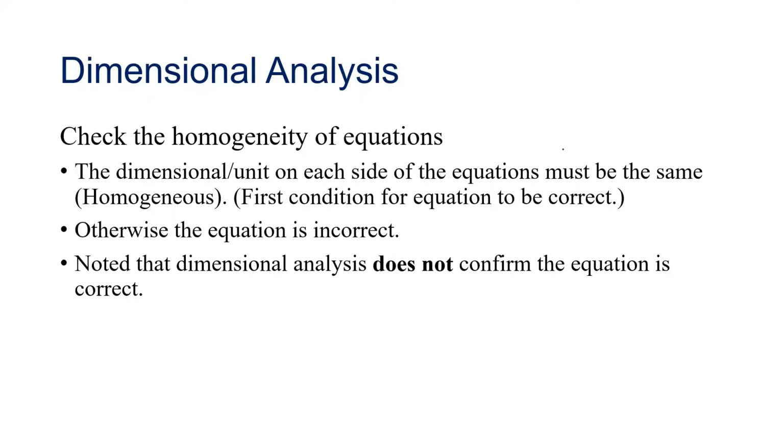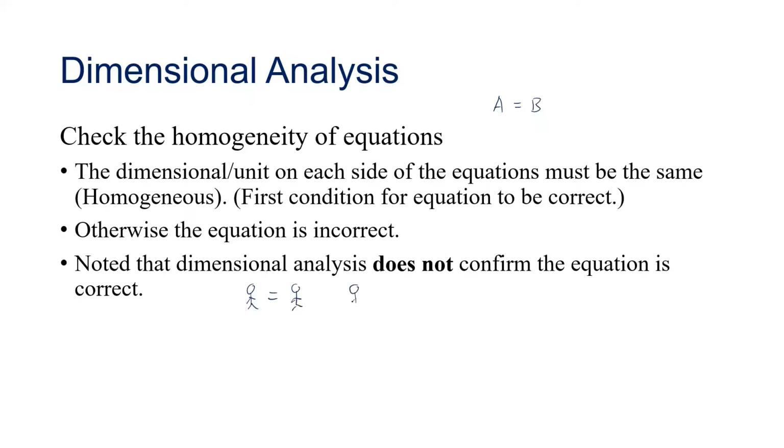Now, as I said before, if we have an equation, let's say A equals B, the first condition for this equation to be correct is that it must be homogeneous. That means both sides of this equation must have the same unit. So you can see A must have the same unit as B. This is very reasonable. For example, we know a human can only equal a human, right?